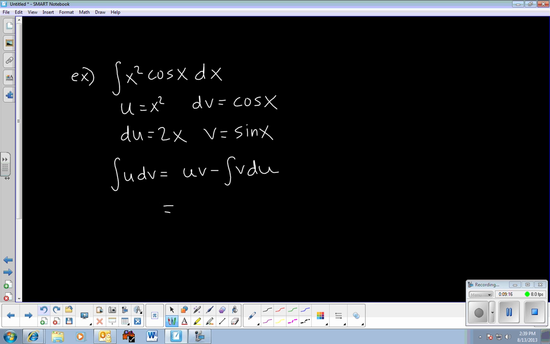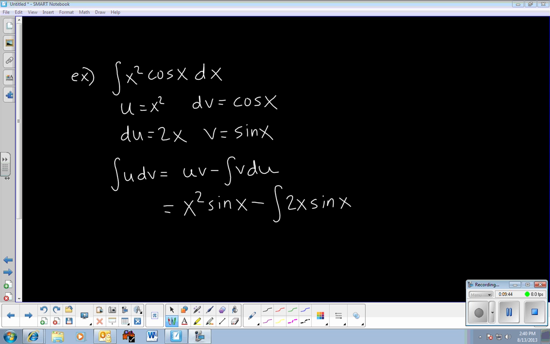My answer then will be u times v, which is x squared sine x minus the integral of 2x sine x. So now we're in pretty good shape.